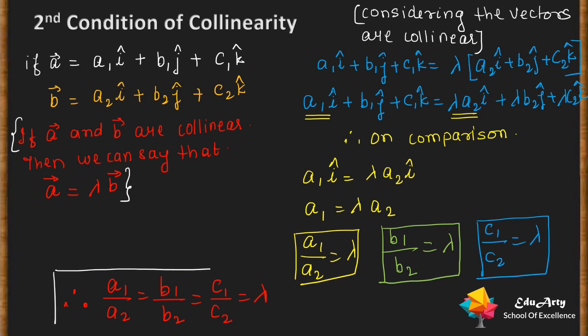This is what we understand, correct. All right, this is the second condition of collinearity. We'll do one example and you will understand a little better. Let's take one example here.